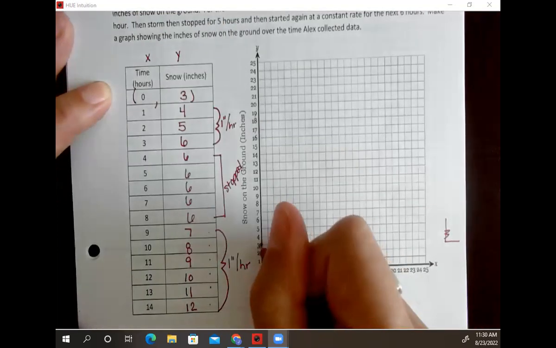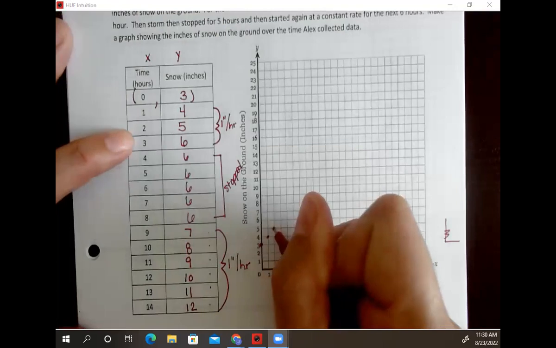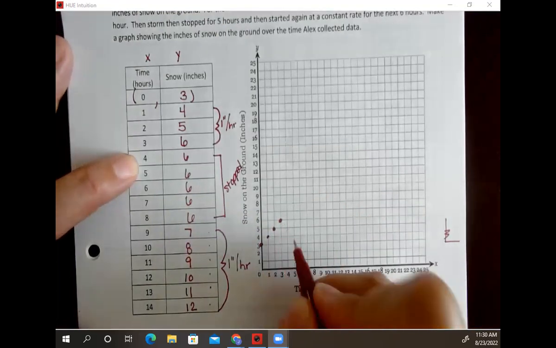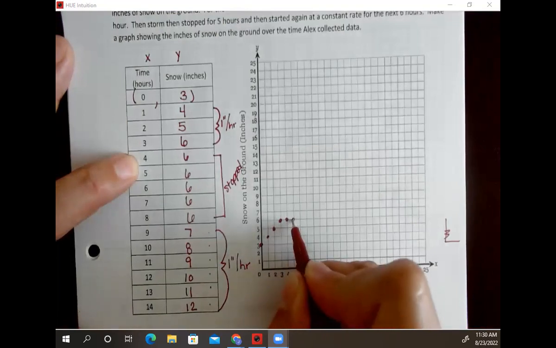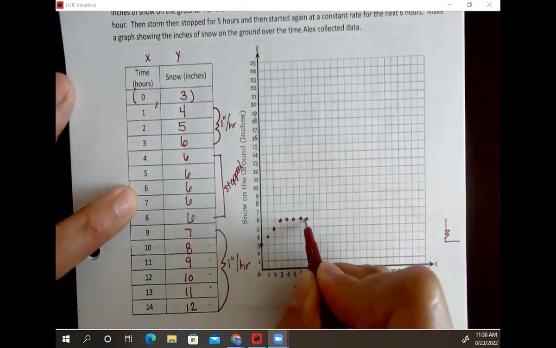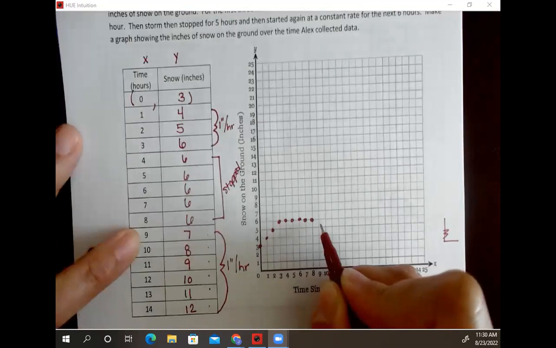So 0, 3, we started with 3 inches, 1, 4, 2, 5, 3, 6, and then 4, 6, 5, 6, 6, 6, 7, 6, 8, 6. And it started snowing again.